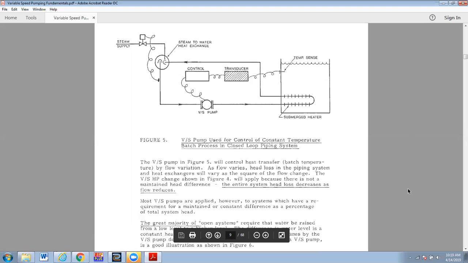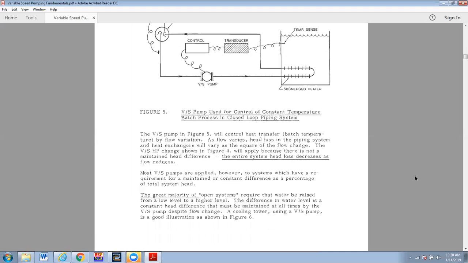Most variable speed pumps, however, are applied to systems which have a requirement for a maintained or constant pressure difference across the system. And so that starts to limit the potential savings, as we'll see. This last paragraph is pretty good here.